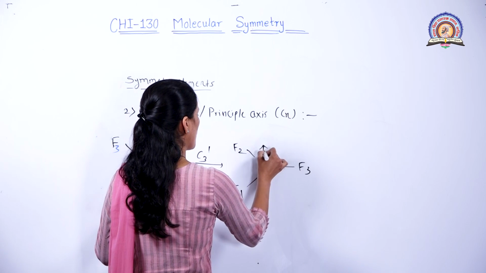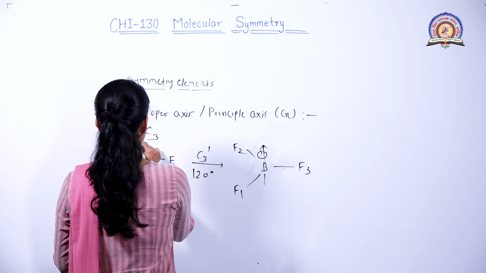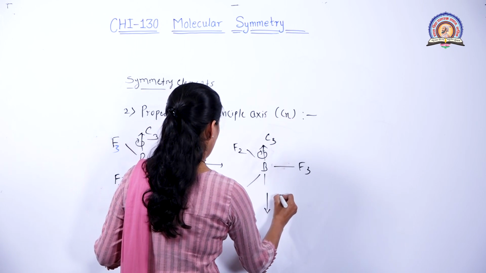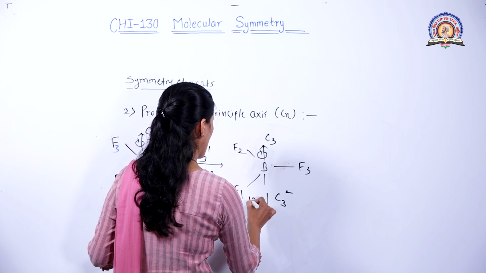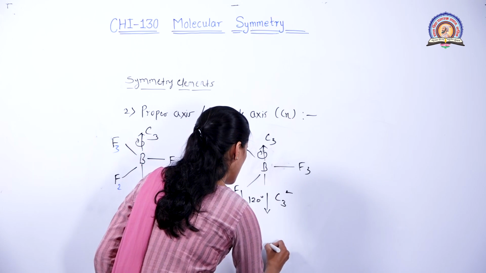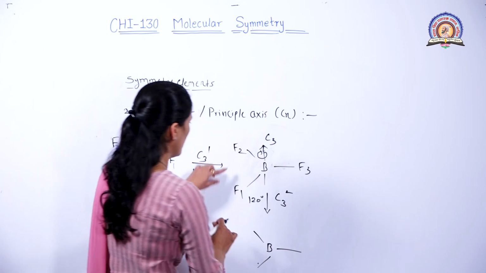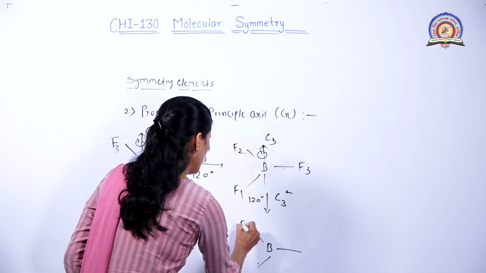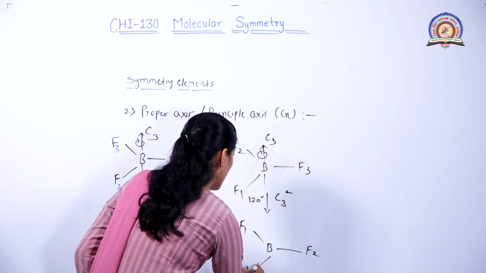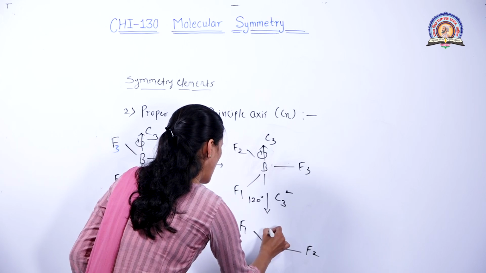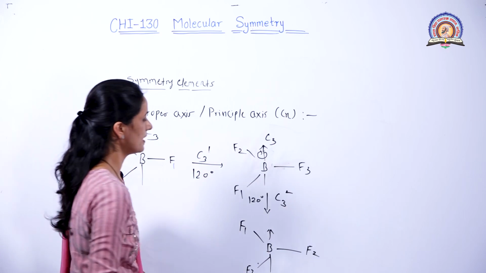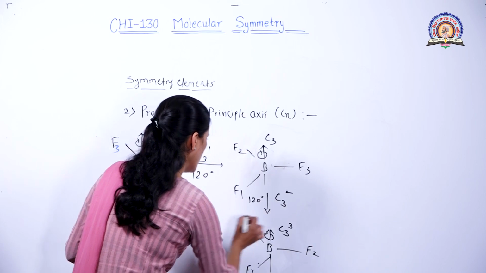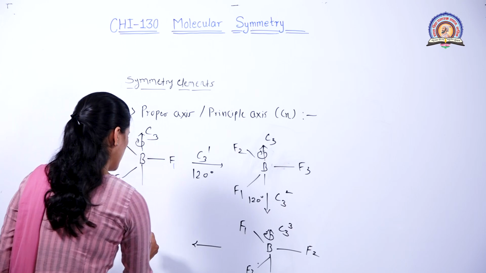Again, I have to rotate this molecule at 120 degrees. This is the C3 second operation. Now see the positions of the fluorines: F1, F2 and F3. Still, I have to rotate this molecule at 120 degrees, and the operation is C3-3.